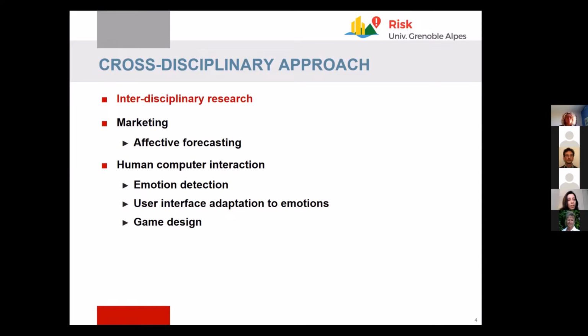So this is the next point that we are going to do. And after that, we want to know how we are adapting our user interfaces to emotions. This could be something really personal for each person. And then after that, we are going to look at the interface design in the serious game.